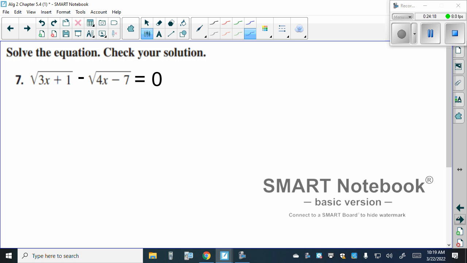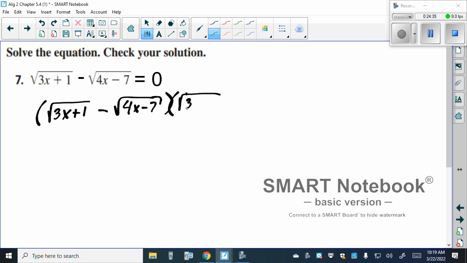I put this one in here just for that case, because we could square both sides as it is right now. If we did that, what we would get here would have the square root of 3x plus 1 minus the square root of 4x minus 7 times the square root of 3x plus 1 minus square root of, because if we squared it as it is right now, when I square that set there, we're multiplying it by itself.